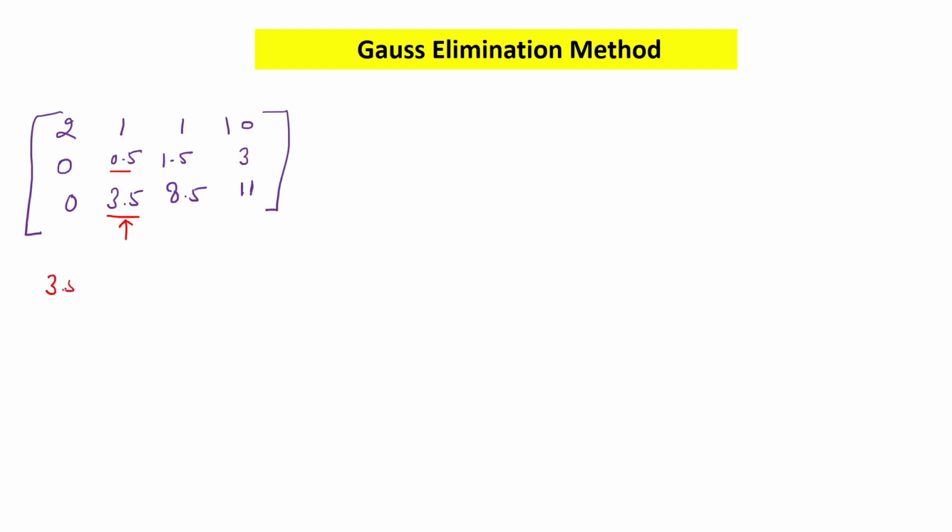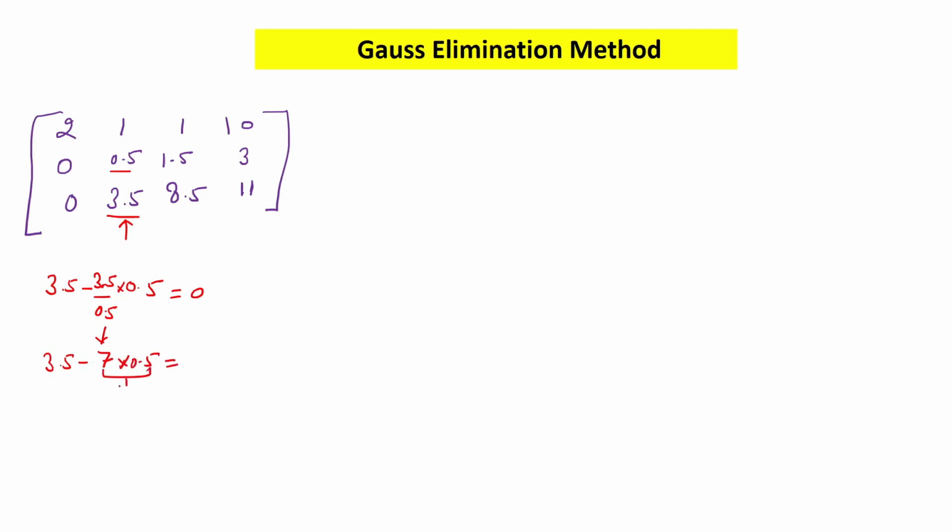So if I write 3.5 minus 0.5, I will not get 0, but I can use some constant here, or you can say some ratio here, so that if I multiply that thing with this 0.5, I can get final answer as 0. So if you observe carefully, then what you can write here, you can write 3.5 divided by 0.5. And what is this 3.5 upon 0.5? This is actually 7.